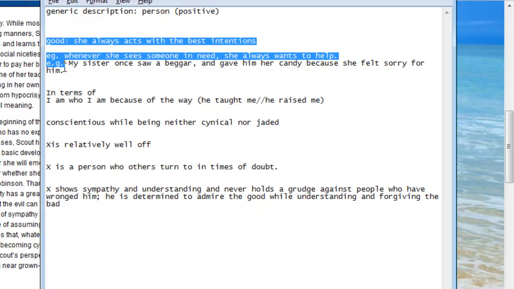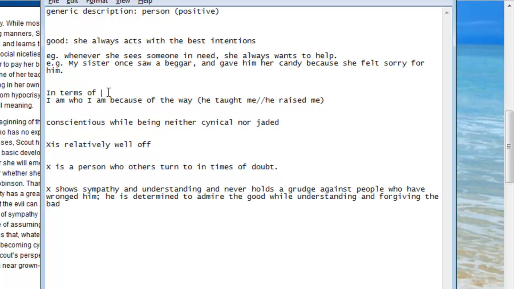So if we just take these, for example here, in terms of attitude, he is conscientious, we said, didn't we?